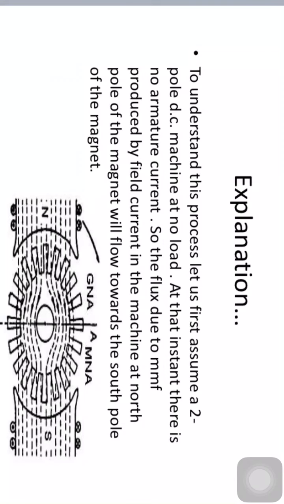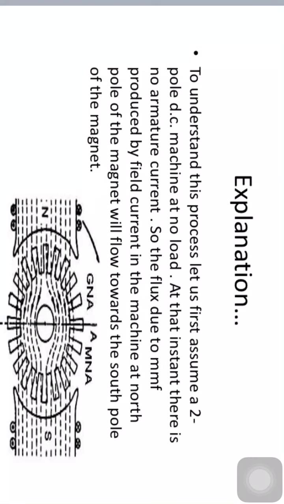The flux is distributed symmetrically with respect to the polar axis, that is the central middle line of the north and south poles. The magnetic neutral axis or plane is perpendicular to the axis of the flux.